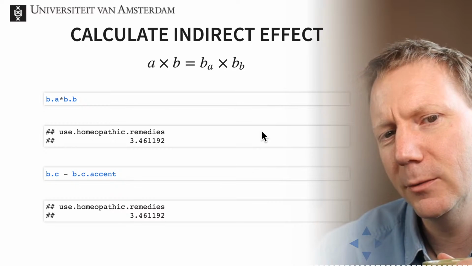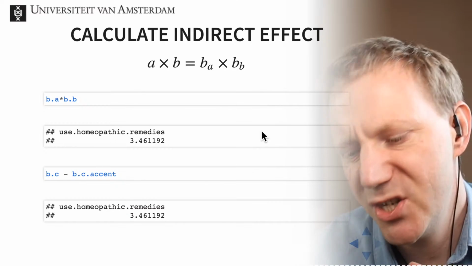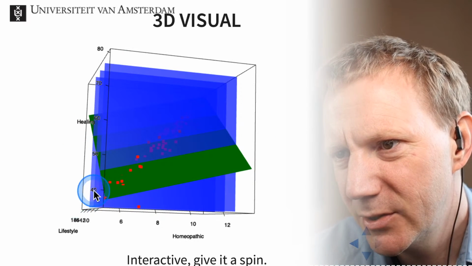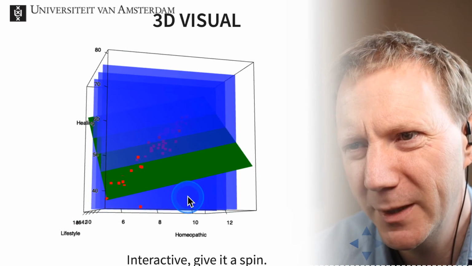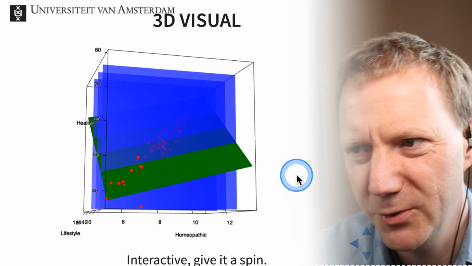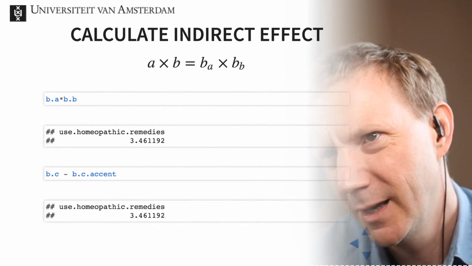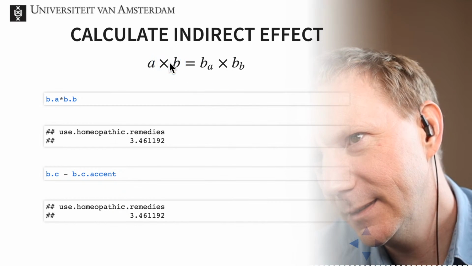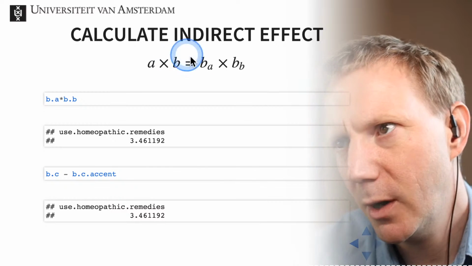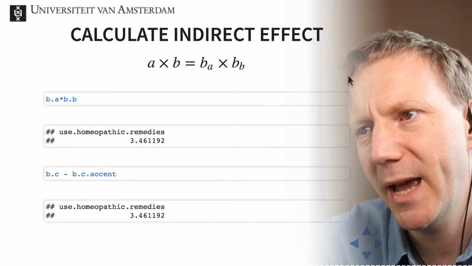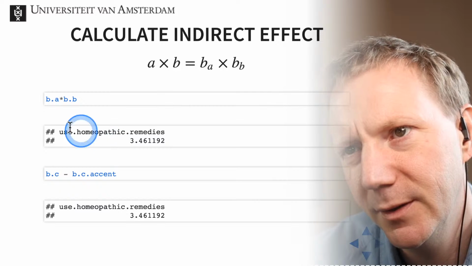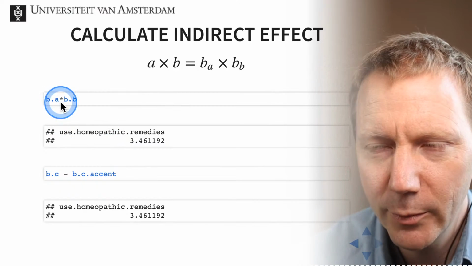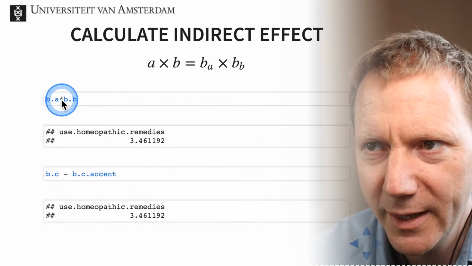And so we're now transitioning from looking at regression planes to doing some tricks with beta coefficients, because we're going to multiply the beta coefficients. In terms of regression planes and regression lines, we haven't plotted the A, right? Because the A was the relation between the predictor variable and the mediator.